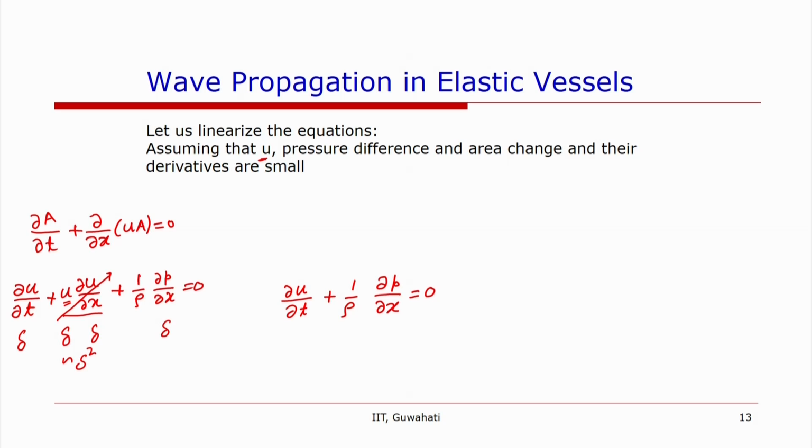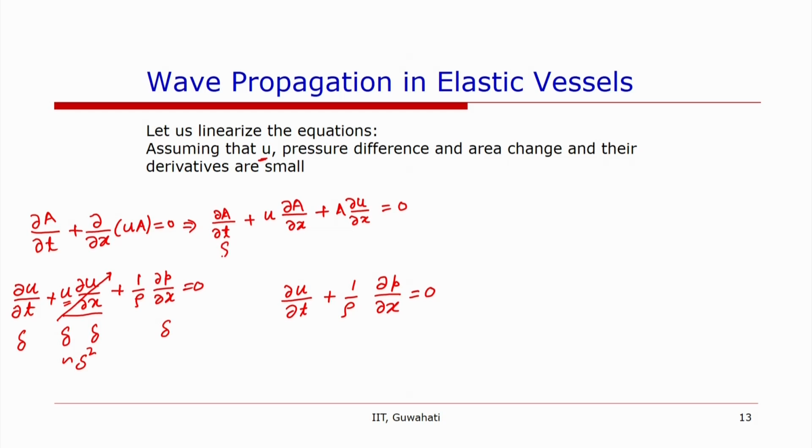Now we look at the mass balance equation, which is del A by del T plus, let us expand this, U del A by del X plus A del U by del X is equal to 0.